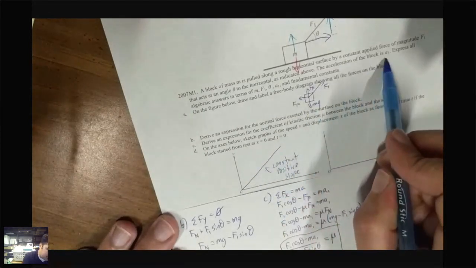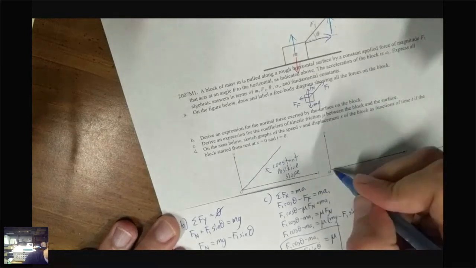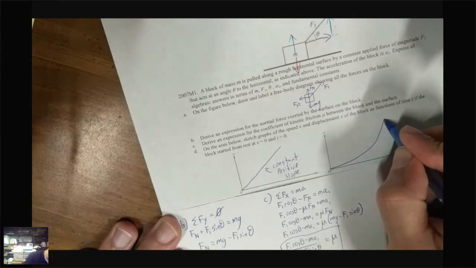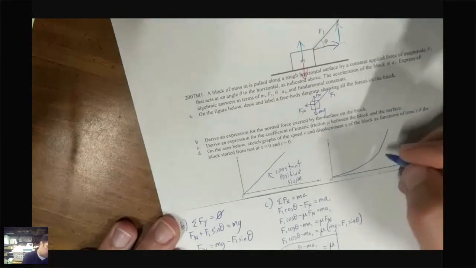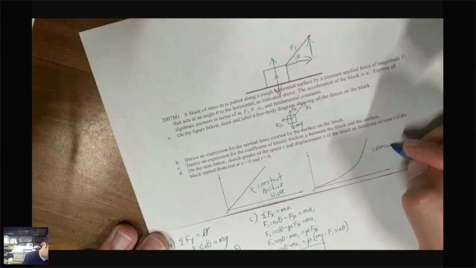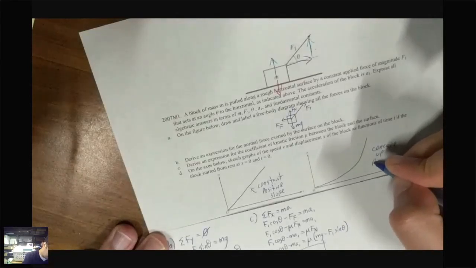Our displacement graph here, again, with a constant acceleration, should look like a parabola, an upwards or concave up facing parabola. And hopefully those make sense with your kinematic stuff as well.